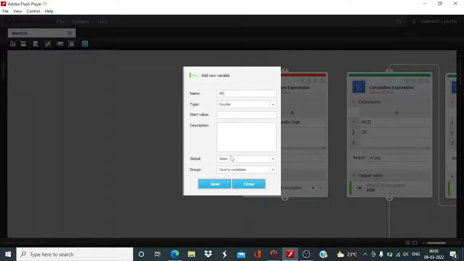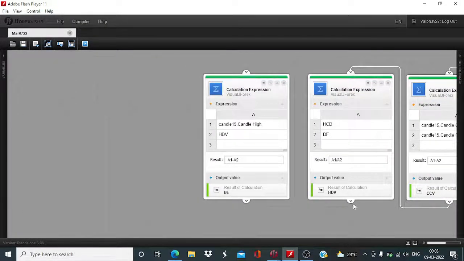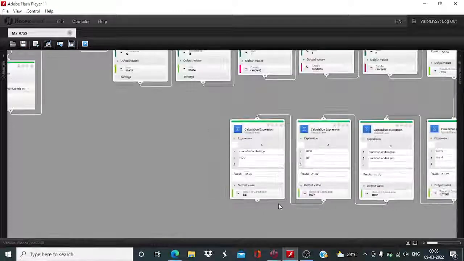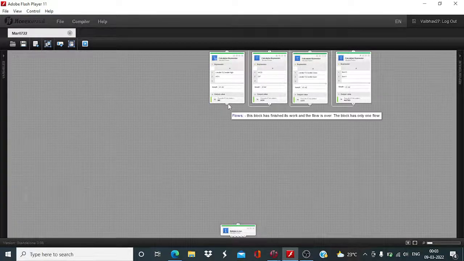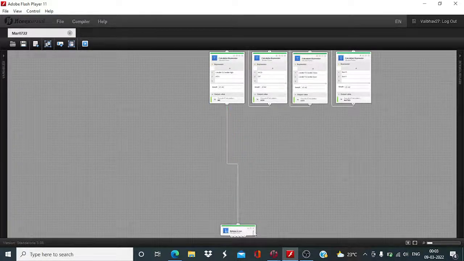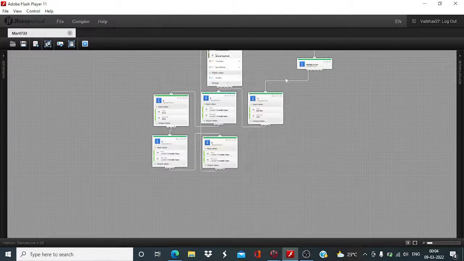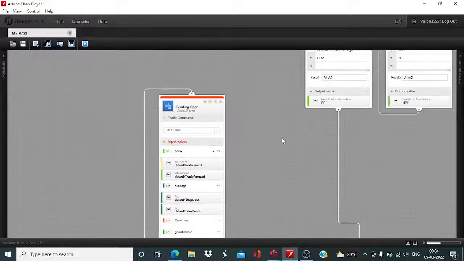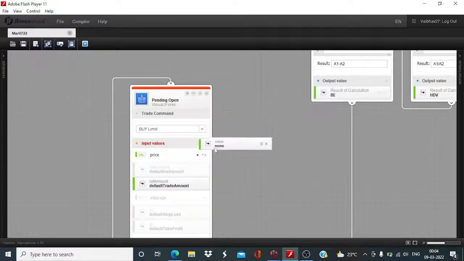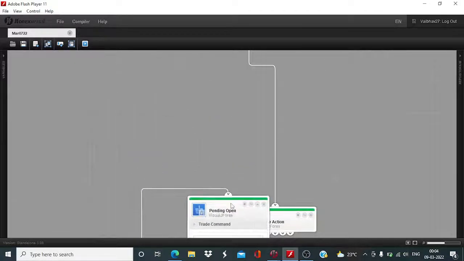So I'm naming it VE by execution. Alright, we have a price point for the entry.